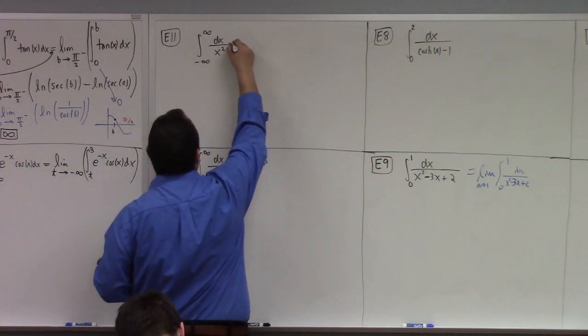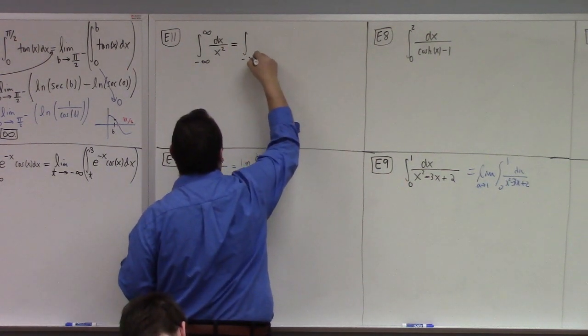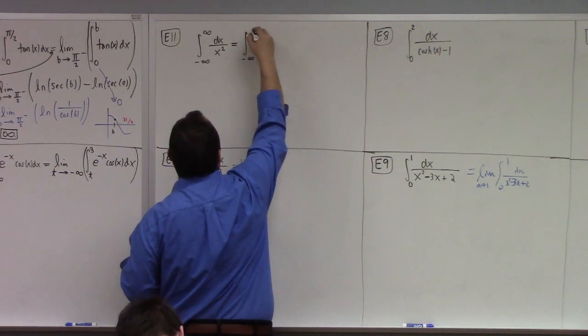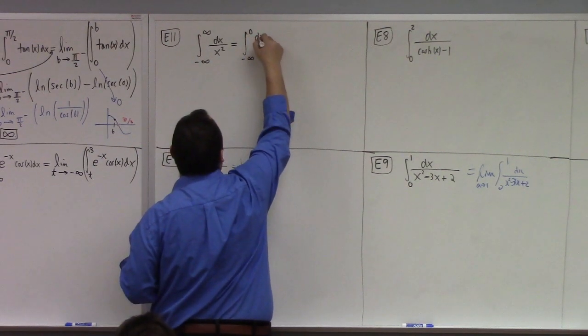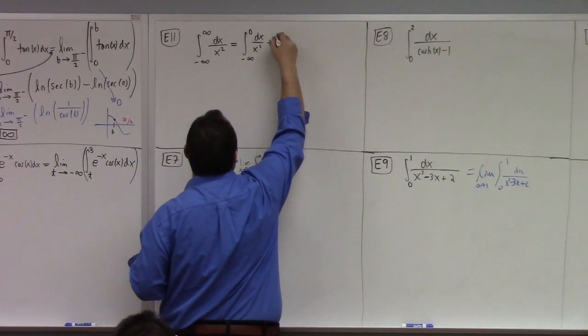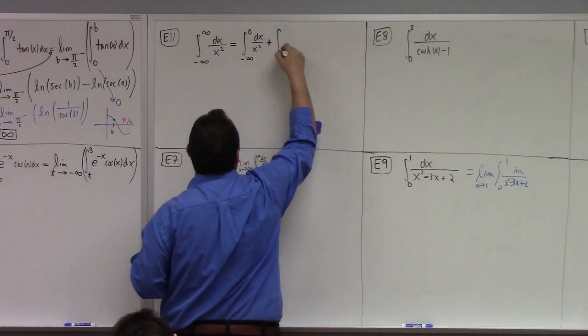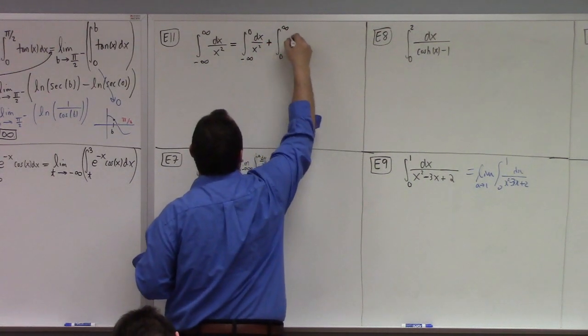So what you want is, I'll write it symbolically, and then I'll put limits in: the integral from minus infinity to 0 of dx over x squared.